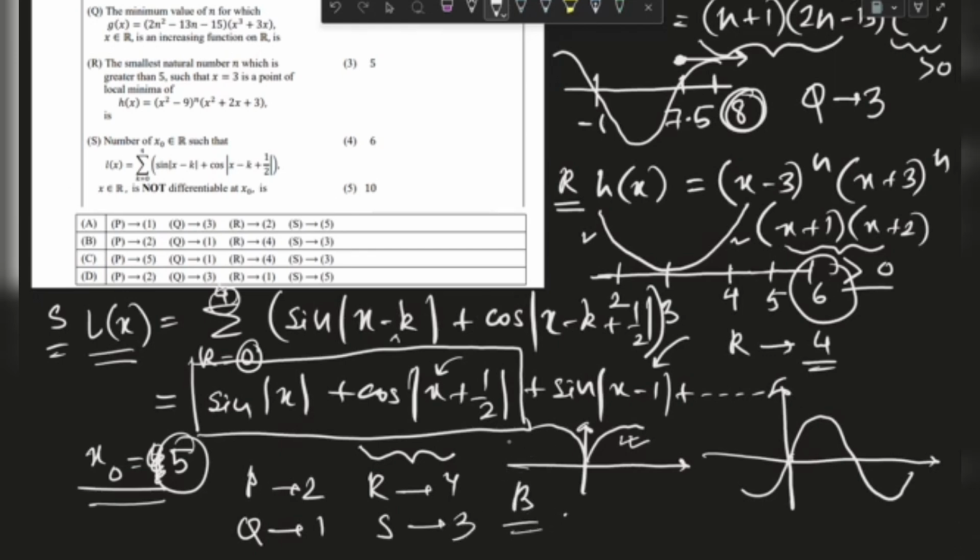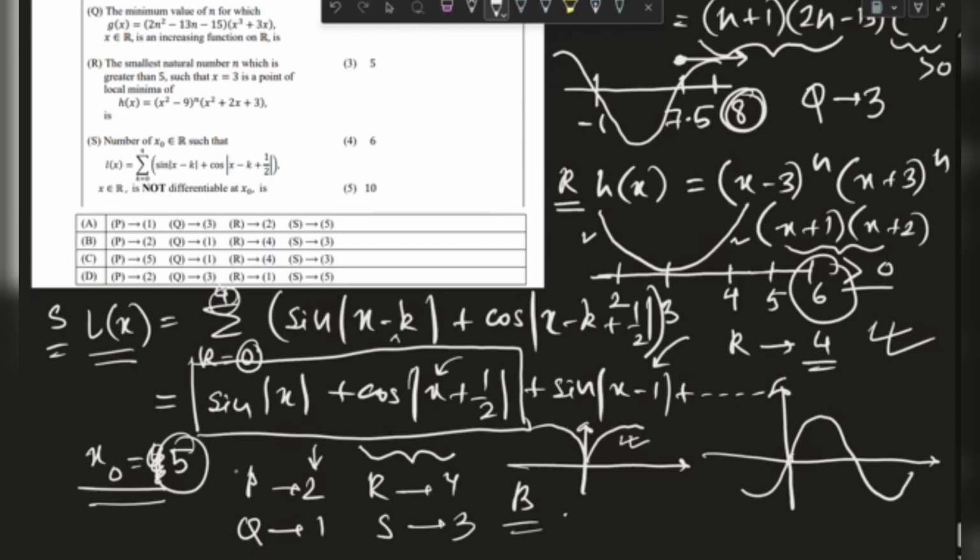Now what is striking in this question is the option elimination part. If you find out P2, you will find it's 2 in B and D. And after that, if you can find either Q or R correctly, you don't have to solve two parts, which saves most of your time. I solved these parts because it was a pretty good question.